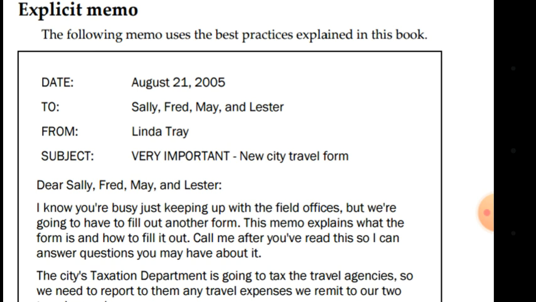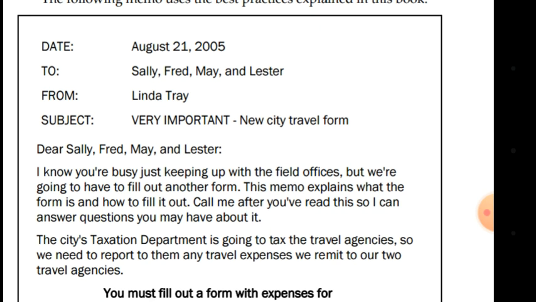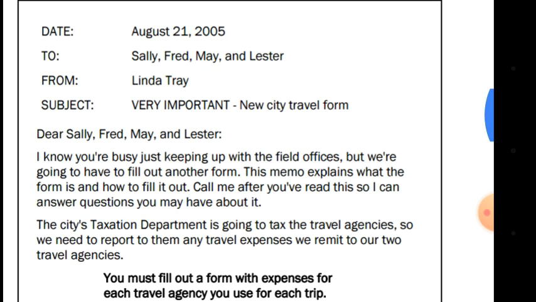Look at the title written here: very important, new city travel form. The subject line contains a note indicating the importance of the message, and the words could be used later to retrieve the memo. So the writer put the importance and the topic of the memo in one subject line.